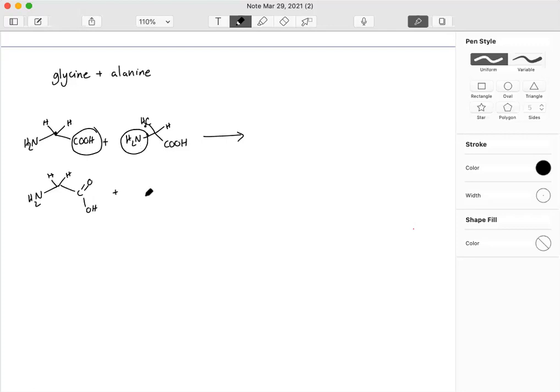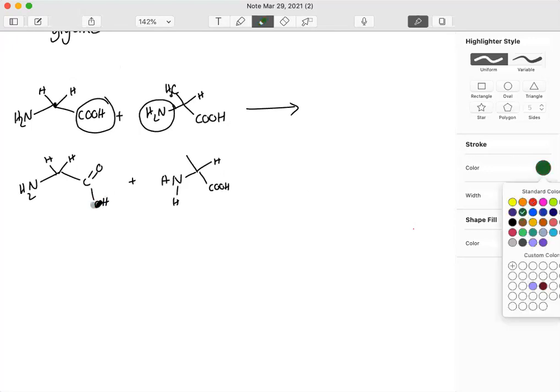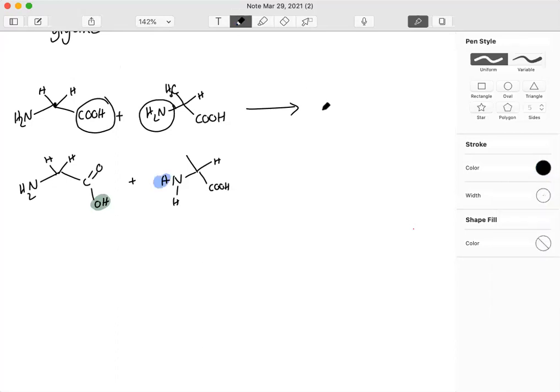From the other side, NH2. We memorized this: the C double bond O part is the part that leaves, and from here this one will leave, and I join them together. This is just one idea, and if you use it well you can answer all these questions.